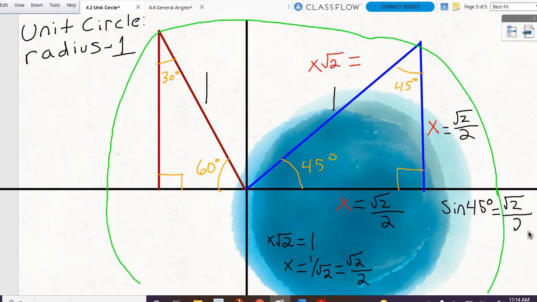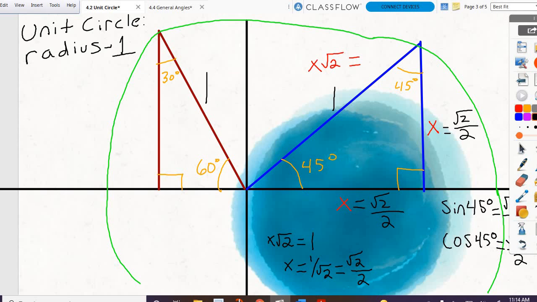Just the other thing, right? So I just end up with the square root of 2 over 2. And then what about cosine of 45? It would be adjacent, which also happens to be square root of 2 over 2, over hypotenuse. So what do we also get? Square root of 2 over 2.